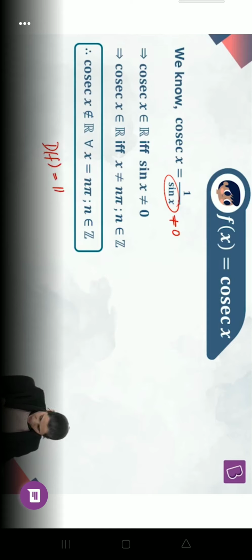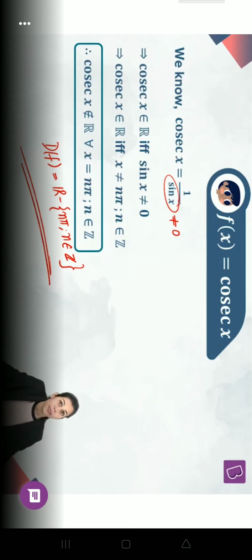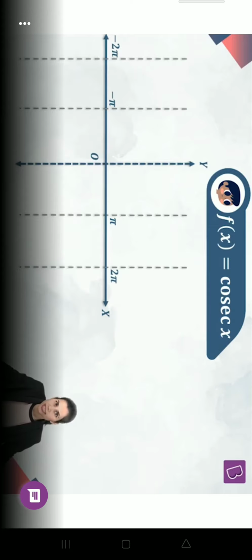Yes, and that brings me to the conclusion that cosec is a periodic function with period 2 pi. That was common sense as well. Sine is a periodic function with period 2 pi, so obviously its reciprocal will also be a periodic function with the same period. Okay, but yeah, we've justified this as well. Got it? So the period of cosec function is same as the period of the sine function, equal to 2 pi.